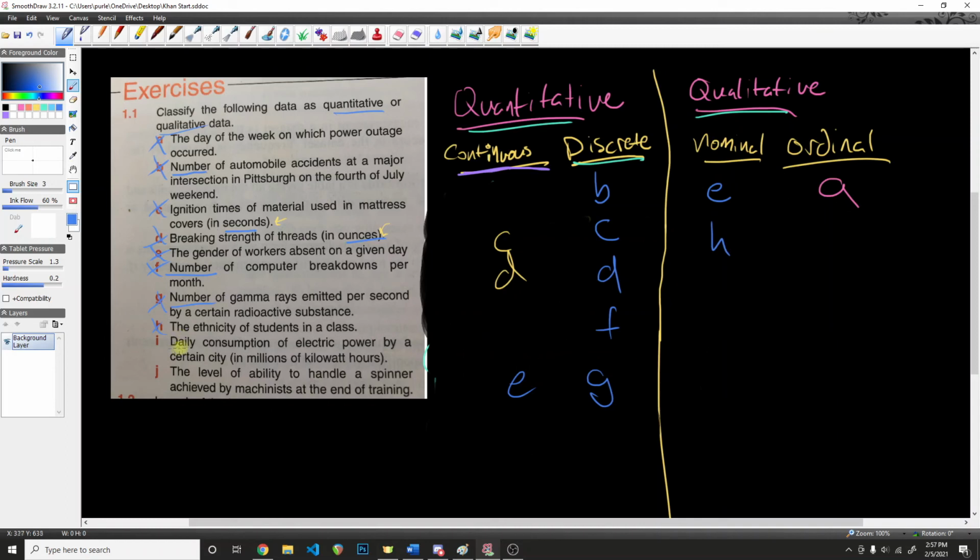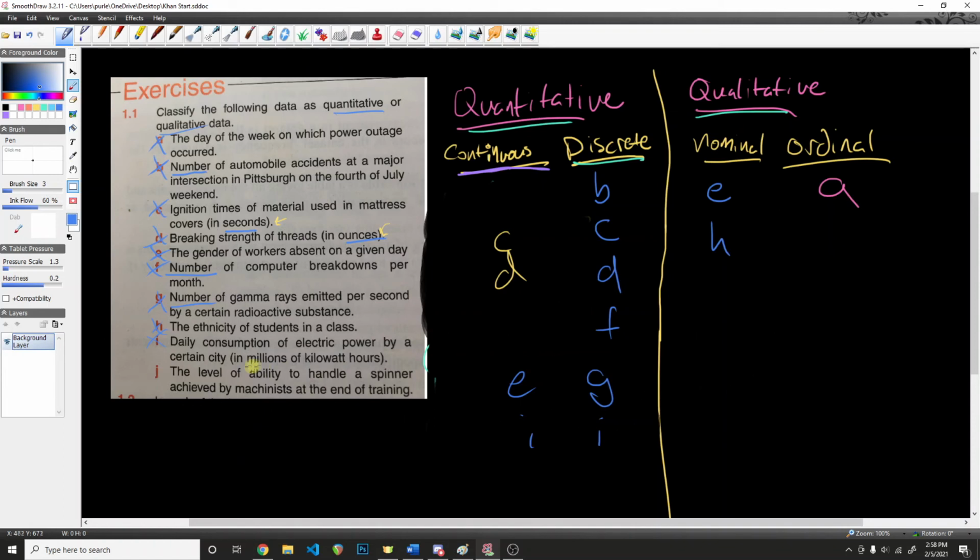Number I, the daily consumption of electric power by a certain city, and this is going to be in millions of kilowatt hours. Once again, depending on your definition, it is definitely going to be quantitative, could be continuous, could be discrete, most likely going to be discrete. I'm going to put this as both though. And then on J, the level of ability to handle a spinner achieved by a machinist at the end of training. I'm not entirely sure what this question means, to be honest.